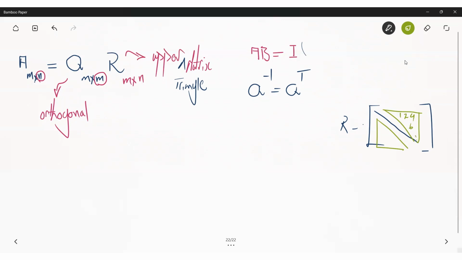But below the diagonal, everything becomes 0, 0, 0, 0, 0. This matrix becomes very important because of the significance it plays. That means if you draw a diagonal, the triangle above the diagonal is non-zero, and the triangle below the diagonal is everything 0. And that becomes the R.